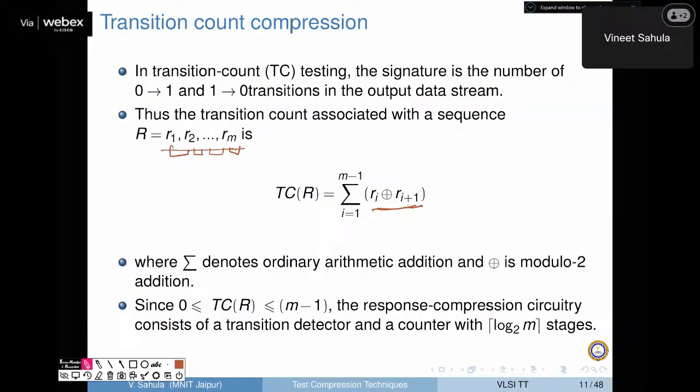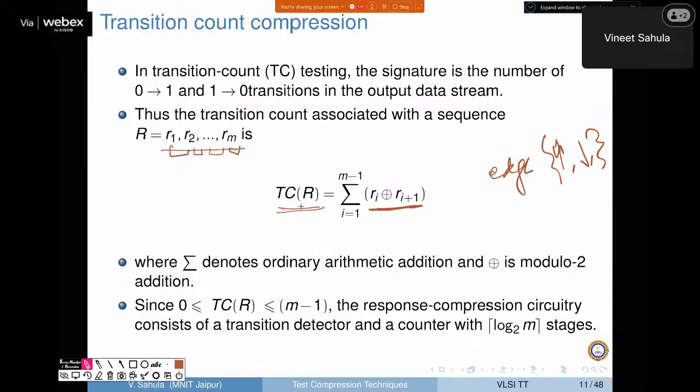Any XOR between two bits resulting in 1 will be an edge, rising or falling. And this is the way of transition counting. The probability of aliasing with transition count will be less than with ones count, right?